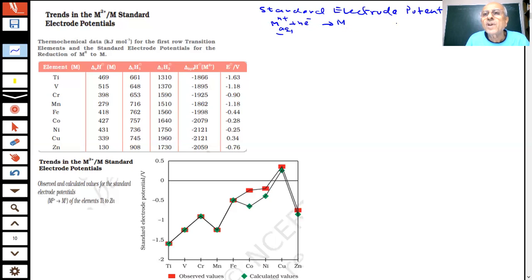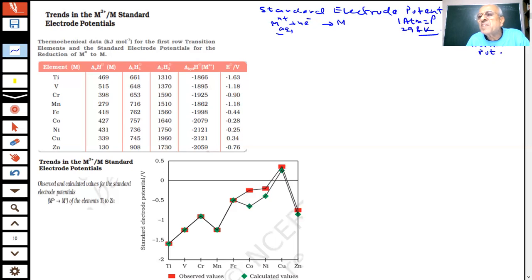You have been shown under standard conditions, for example, 1 atm pressure and 298 Kelvin temperature. These values were calculated and a table was produced. If this is a reduction potential, if I reverse it, this is called oxidation potential.